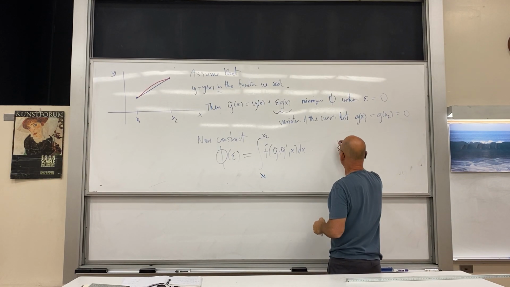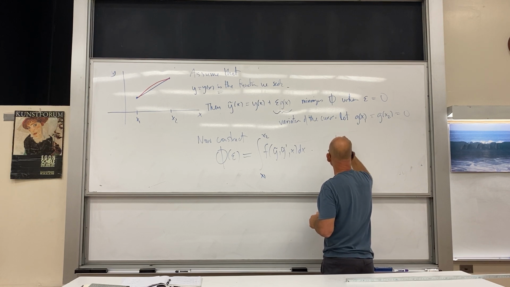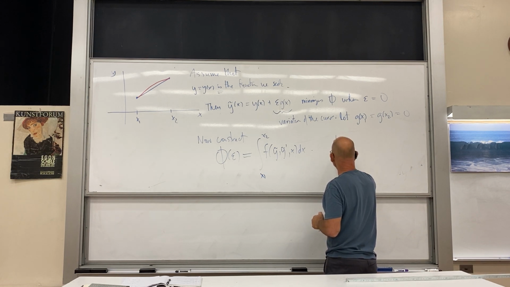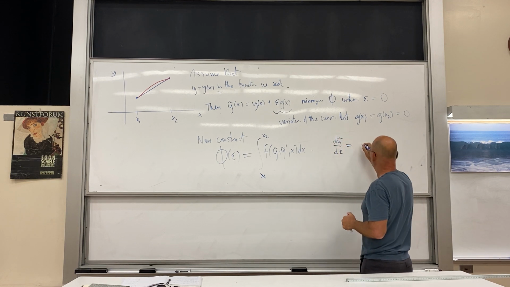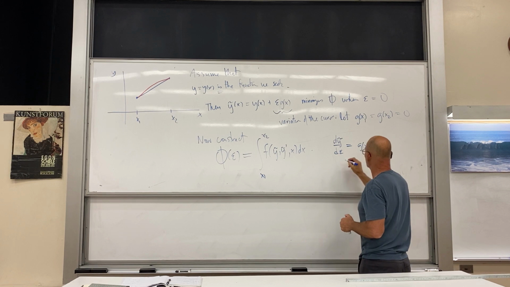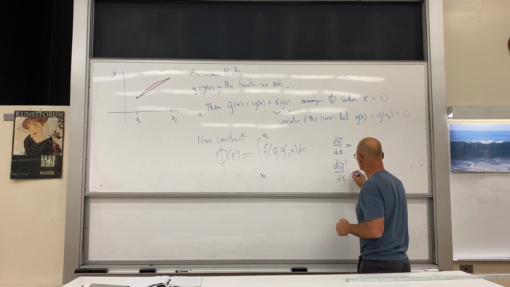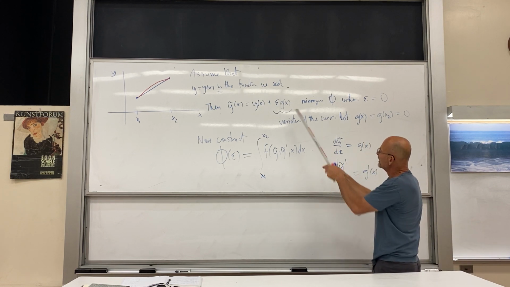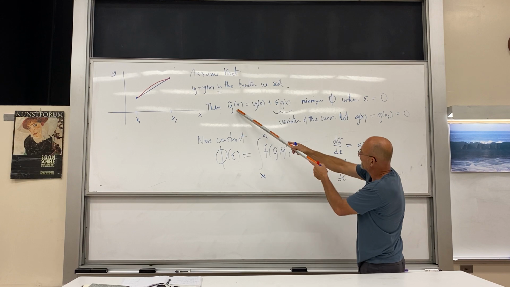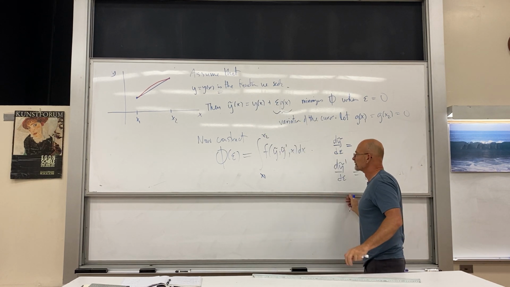So let me write d y tilde d epsilon is equal to g of x, d y tilde prime d epsilon is equal to g prime of x, just from the definition of what y tilde is here. Okay, if I take the derivative of the g there.